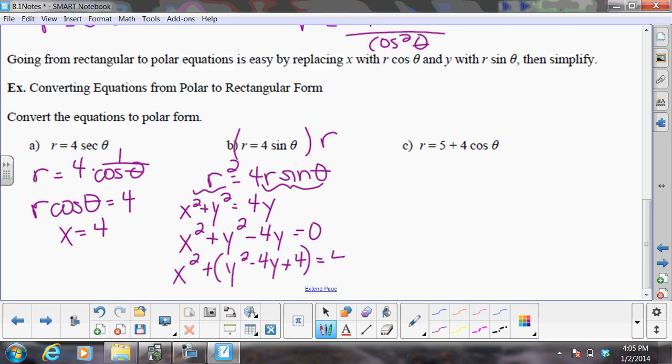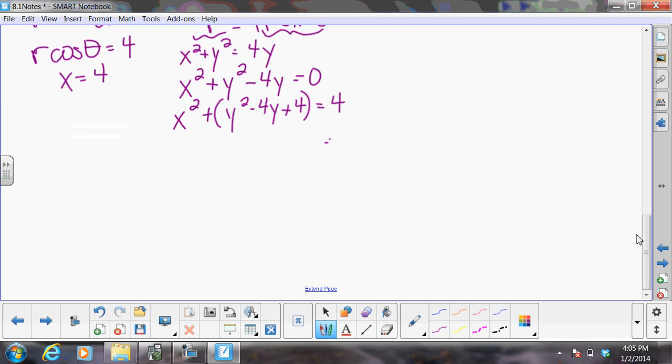If I add 4 there, add 4 on the other side. What is that thing called? It'll come to me probably after I record another 2 sections. So then that changes to y minus 2 squared. And it is a circle.